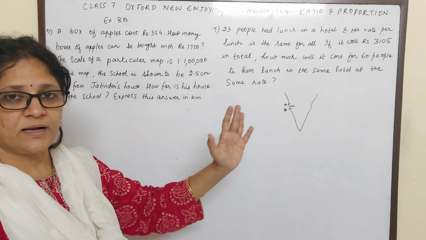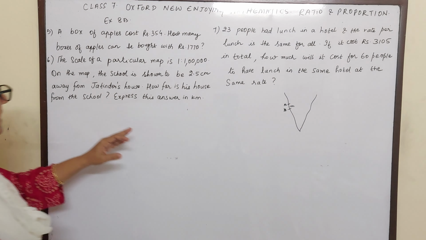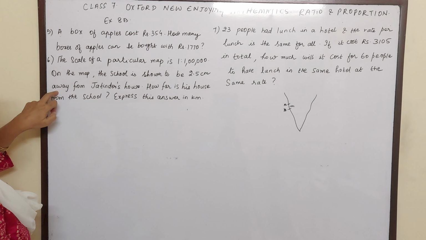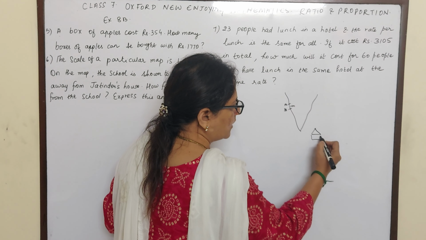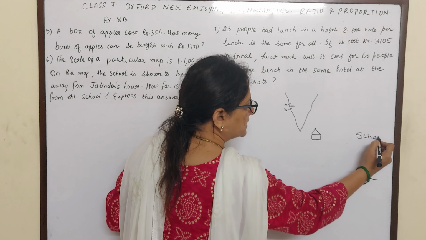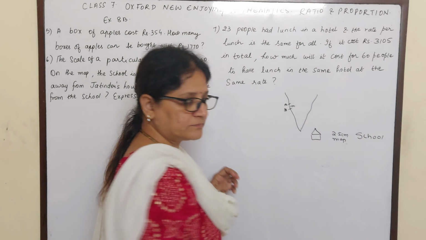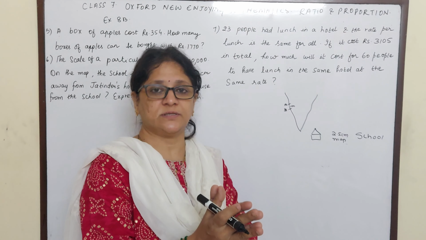So 1 lakh centimeter is shown as 1 centimeter in a map. So it's telling that on the map the school is shown as 2.5 centimeter away from Jatinder's house. If it is 2.5 centimeter on the map, what is the actual distance?